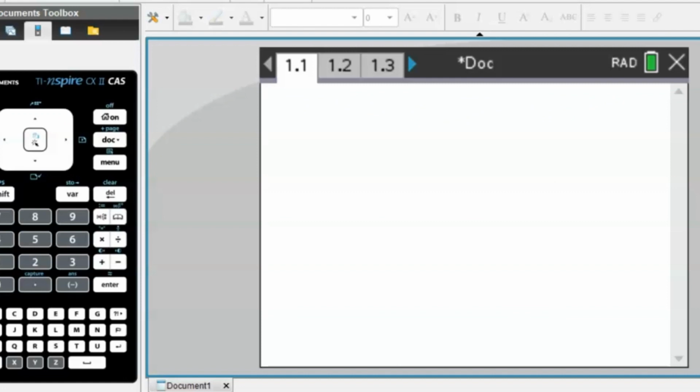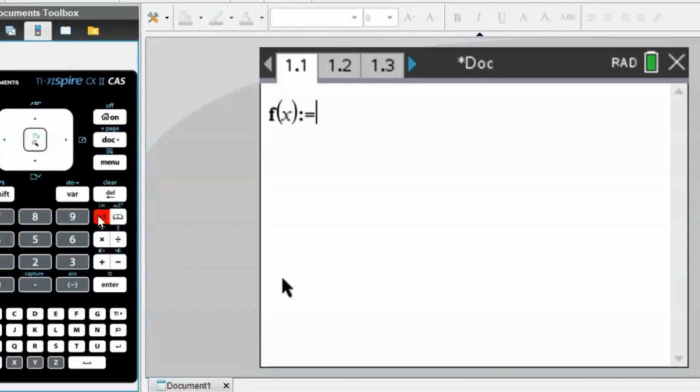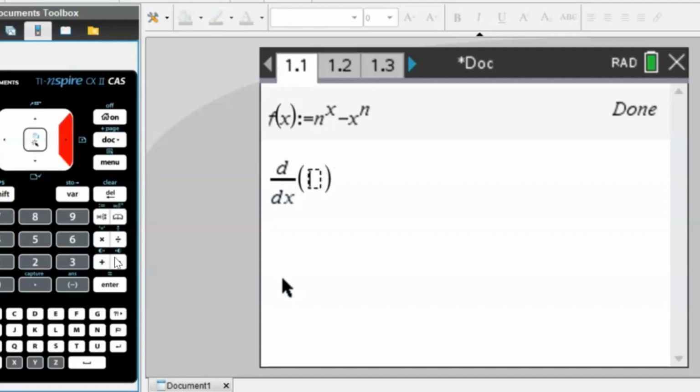The derivative of h of x, such that n to the power of x minus x to the power of n. So let's get the derivative of this.